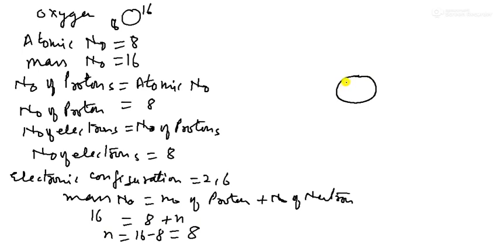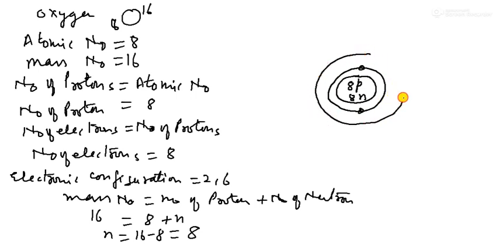So you can draw the atomic structure of oxygen. There are 8 protons and 8 neutrons, so you can write 8n. And the 2 electrons are revolving around the nucleus in the first orbit. In the second orbit there are 6 electrons, so you can draw 1, 2, 3, 4, 5 and 6.